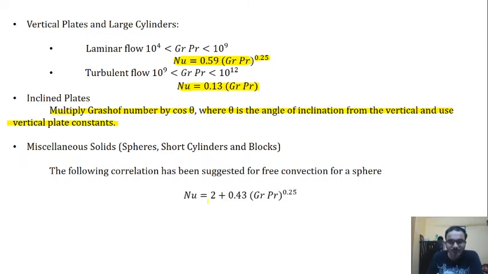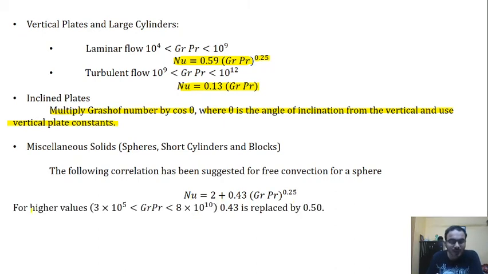So here Nusselt number is given by this formula 2 plus 0.43 GrPr raised to 0.25. For higher values, that is when GrPr is between 3 into 10⁵ to 8 into 10⁻10, this 0.43 is now replaced by 0.5.